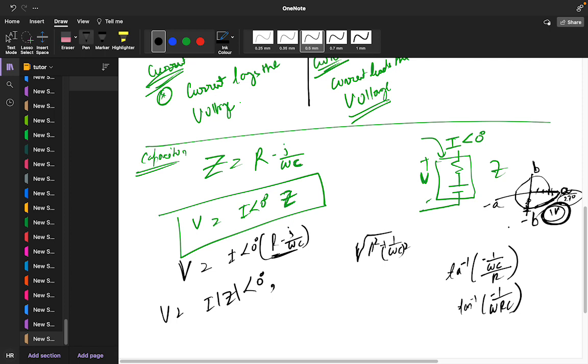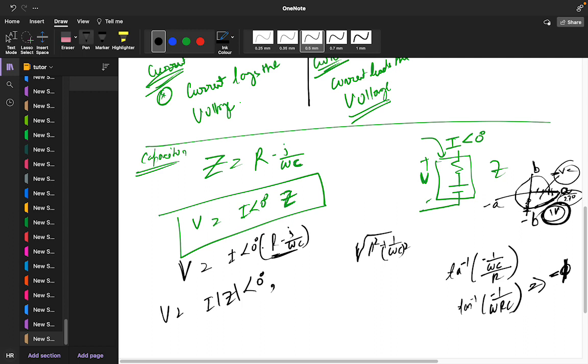Tan 282, what value are you getting? Minus 4.7. Whatever value you put, it will be negative.